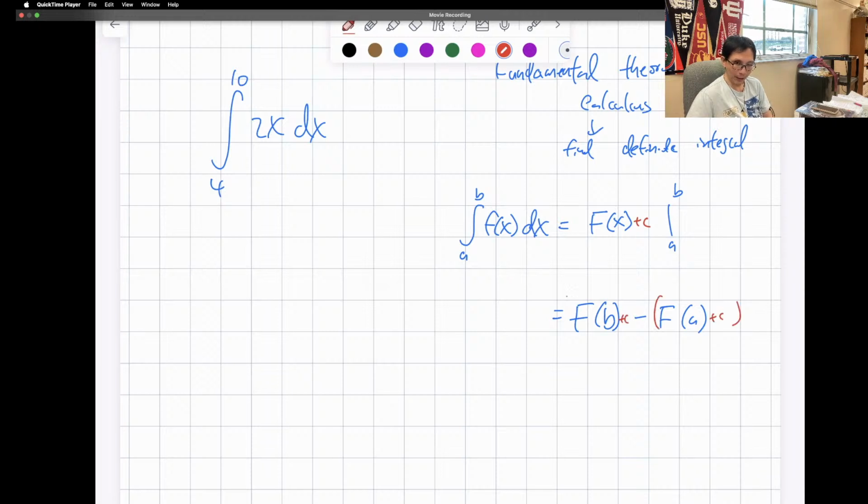What will happen to the c? C will cancel out. So when it's a definite integral, c is not important. You don't even have to write it out because they cancel out. So sometimes they say, oh, c is important. No, c is not important, because at the end of the day, you're still going to get the exact same thing. So you don't even need a c here.